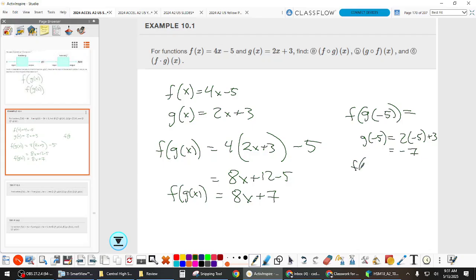And now you're going to do f of negative 7. So we take that into f of x. Okay? So that's 5. Or you could have plugged it in here. Plug negative 5 for x, which is negative 40, plus 7 is negative 33. But sometimes you don't want to have to do the symbolic form if you're only asked for evaluating at a single point. Okay? So how does that seem? Good.